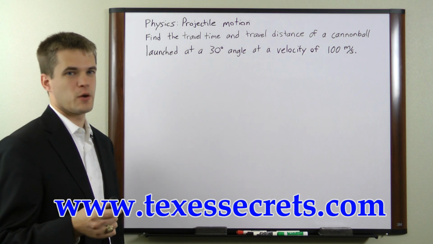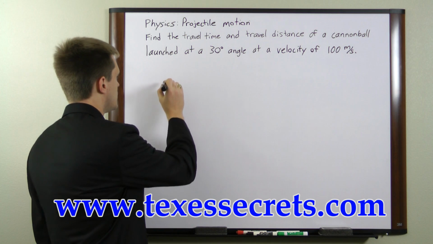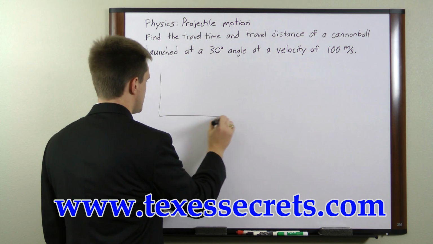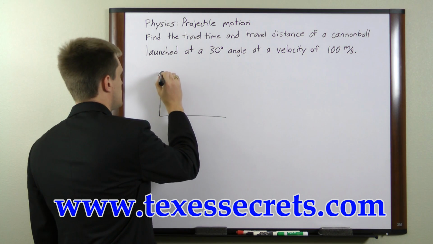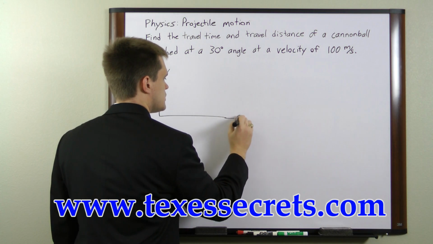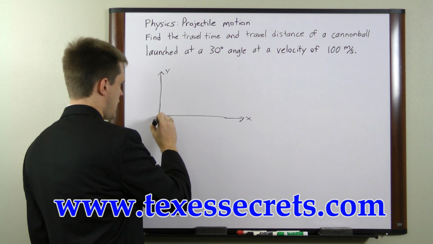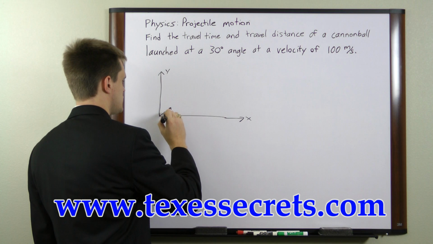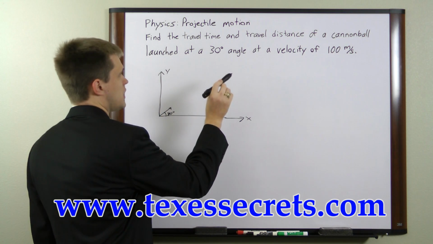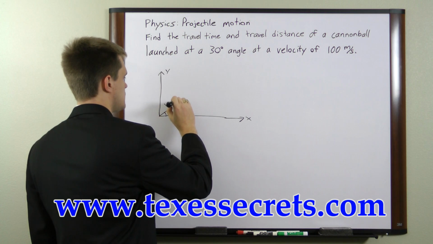So let's draw a picture of what that would look like. We have our XY coordinate axis here. This is Y direction, this is X direction. We have a cannonball that's launched initially at 30 degrees at velocity of 100 meters per second.